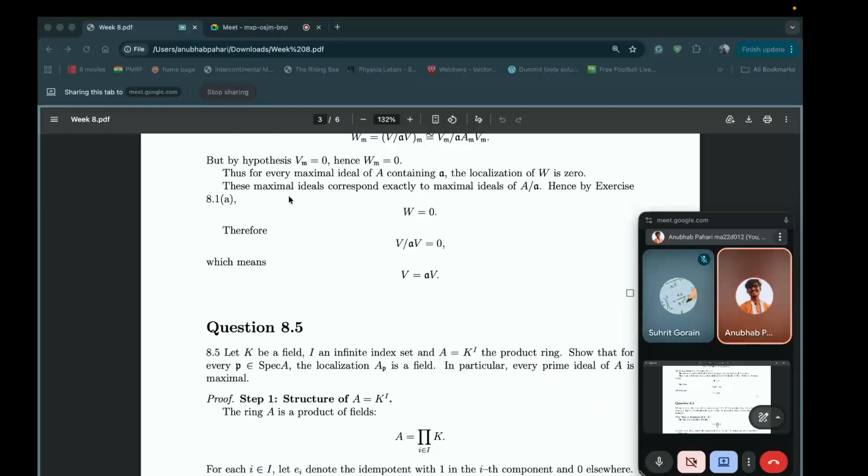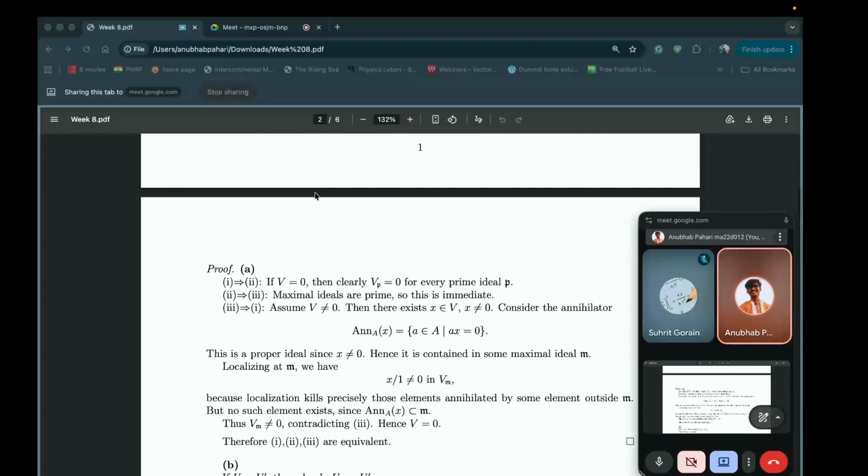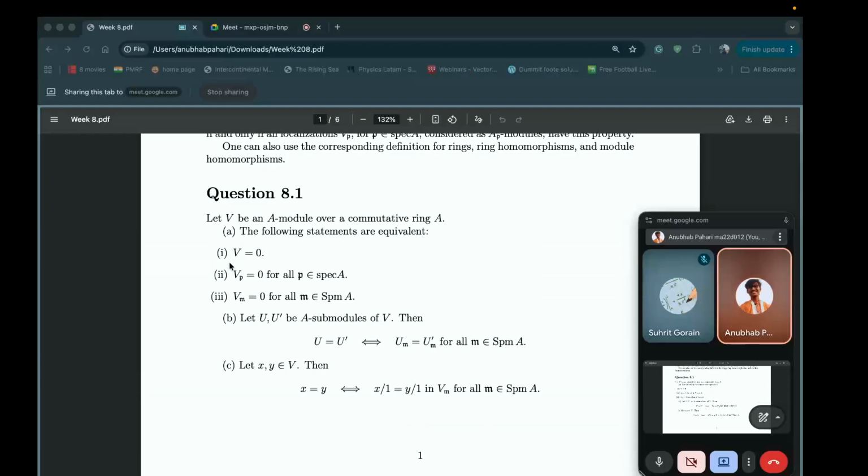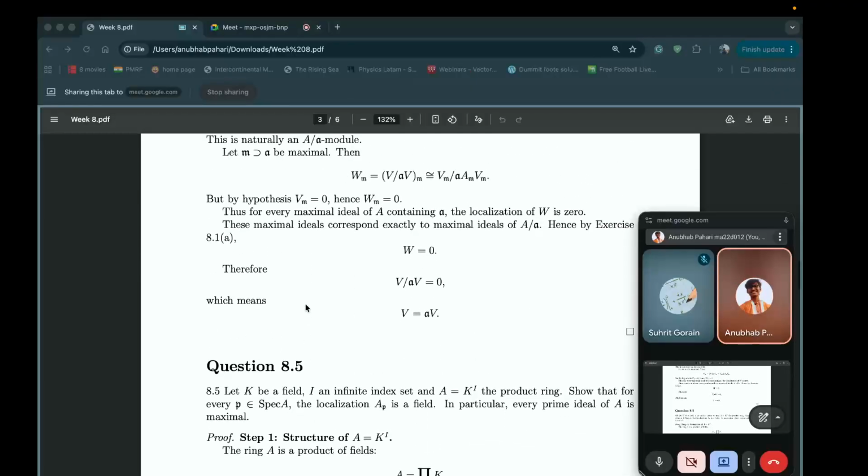And these maximal ideals correspond exactly to maximal ideals of A/a. Hence by exercise 8.1.a, that says that V equals 0 is equivalent to saying V_m is 0 for all m from Spec max A. Therefore W is 0 and V mod aV is 0, which means V equals aV.